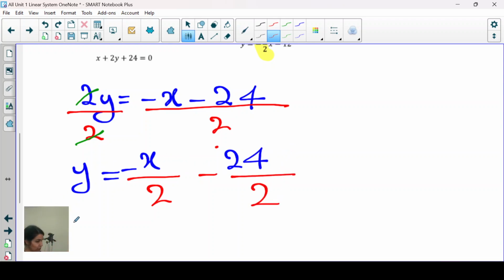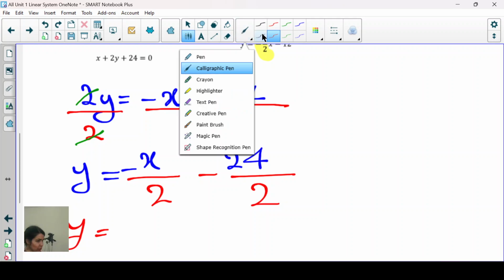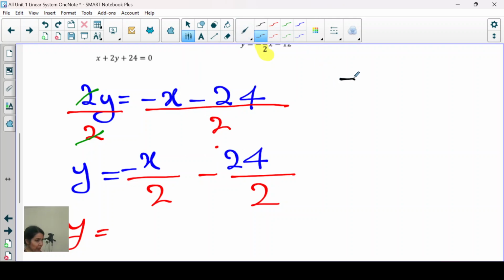So it's going to be y equal to, you can write it, here let me show you, negative x over 2 exactly equal to negative 1x over 2.